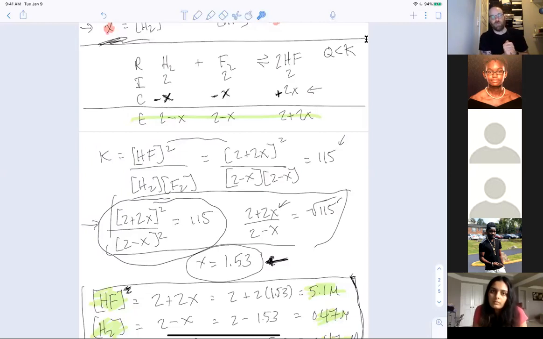So if you get lost, Q would tell you, did I go past the university? Do I have to go backwards, or am I still going towards the university? It tells you which direction you need to go in to get to the university. That's what Q tells you, but it's very dependent on the starting conditions that you're given.